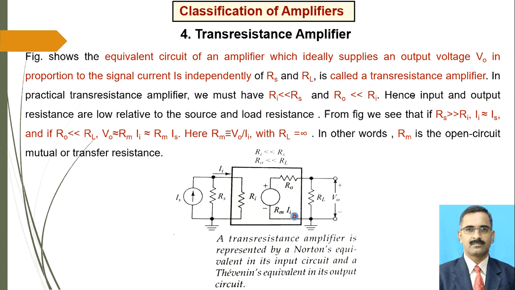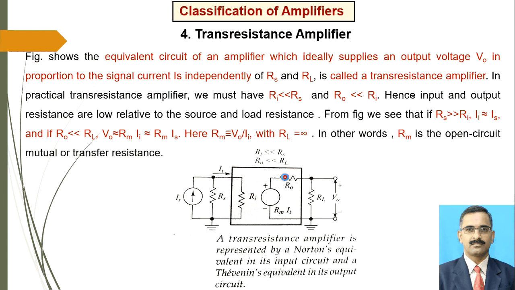This is considered with respect to the resistance of the source and the load resistance. As compared to the source resistance, Ri should be small. As compared to the load resistance, R0 should be small. Getting my point?